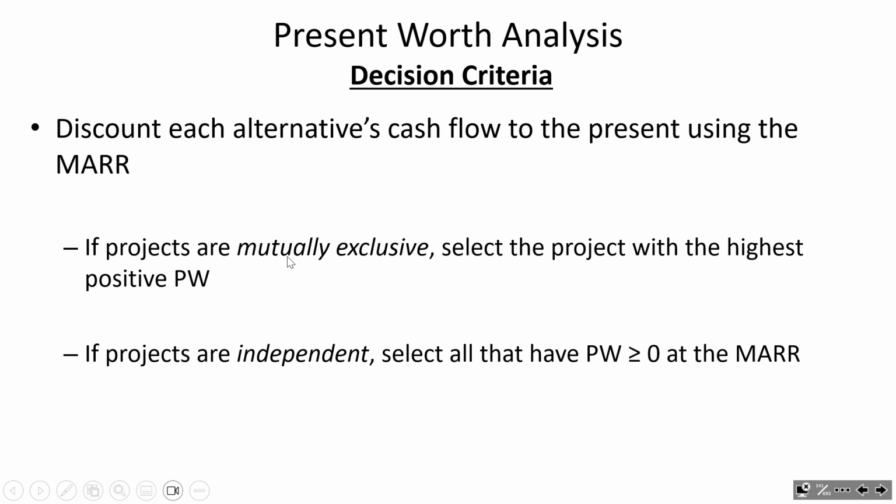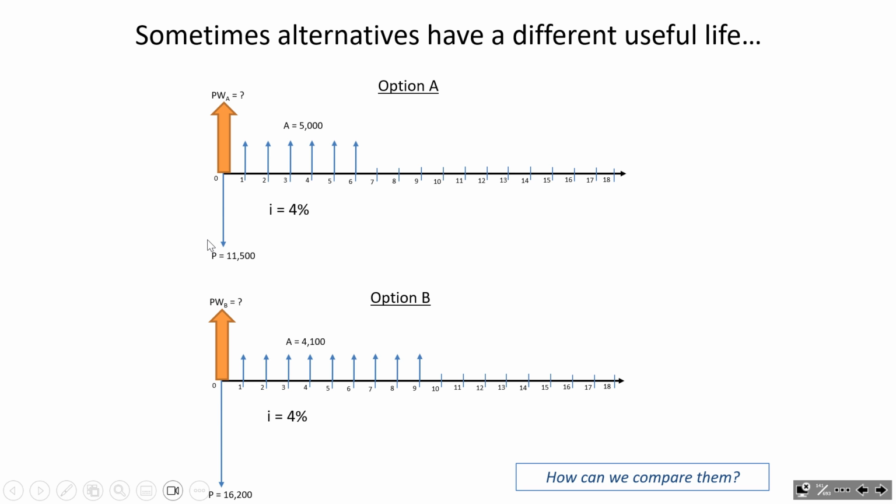I may try to trick you at some point. I'll say, choose option A or option B, and maybe I'll make both of them negative present worth. And then you'll have to say, it's a trap. You have to say, choose none of them. So remember, the do nothing alternative is always available.